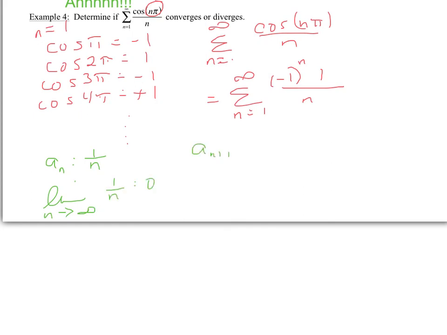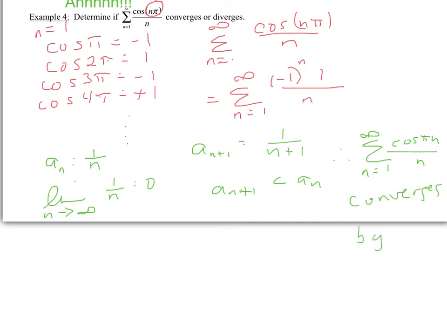A sub n plus 1 would be 1 over n plus 1, and a sub n plus 1 is less than a sub n, and therefore the series as n goes from 1 to infinity of cosine pi n over n converges by AST.